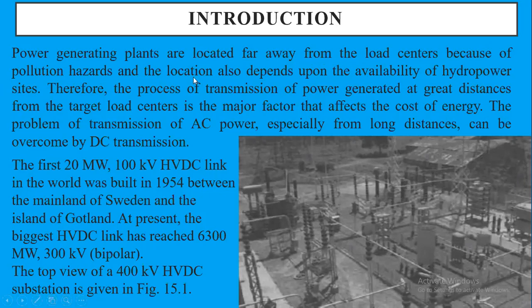When electricity is produced in thermal power plants, nuclear power plants, and other conventional plants, except hydropower, where there is no fuel, the location should be in polluted or hazardous areas, so we need to install those generating units far away from the city. For hydropower it depends upon the availability of hydropower sites.